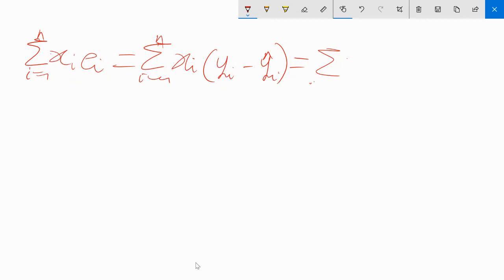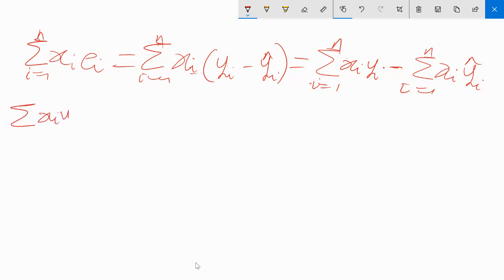So xi multiplied by yi will give us the summation of xi yi. Then the summation of xi multiplied by yi hat will give us the summation of xi yi hat. Is it clear? Yes, sir.